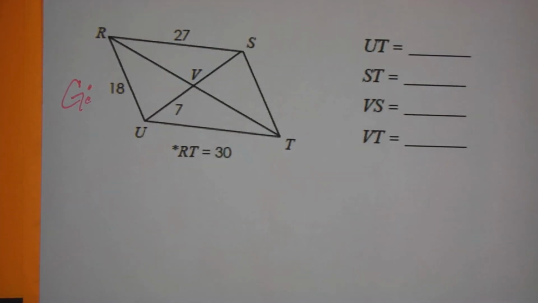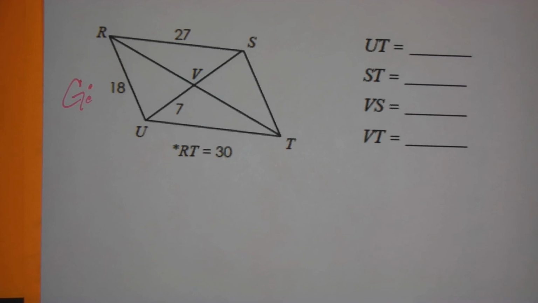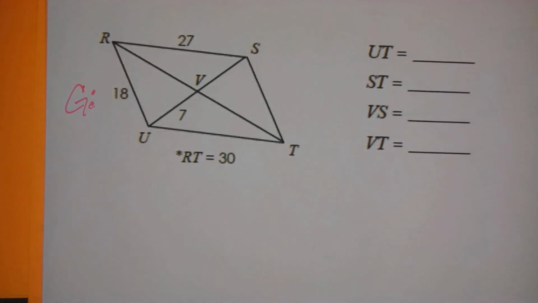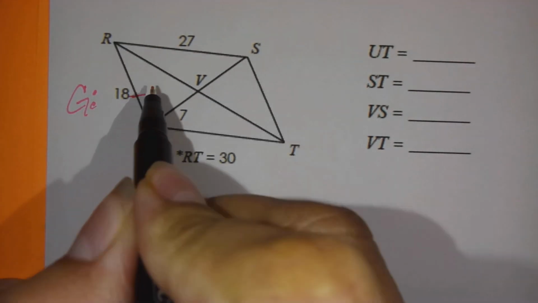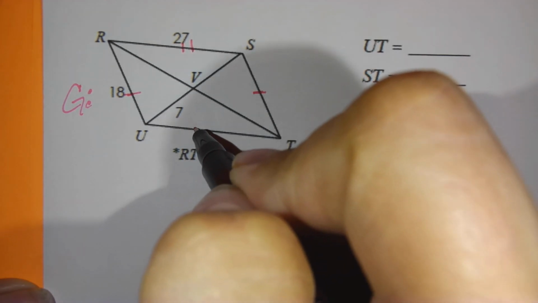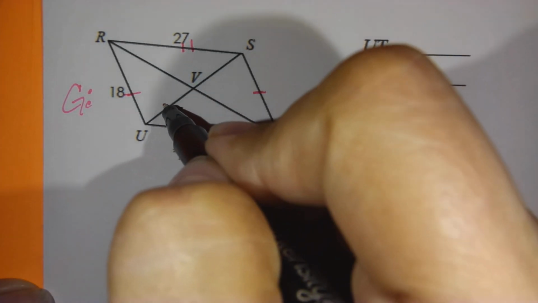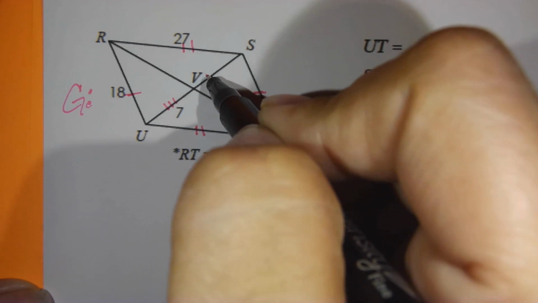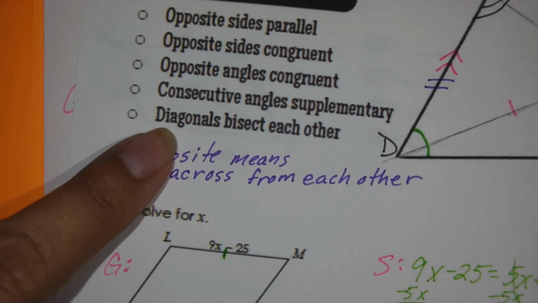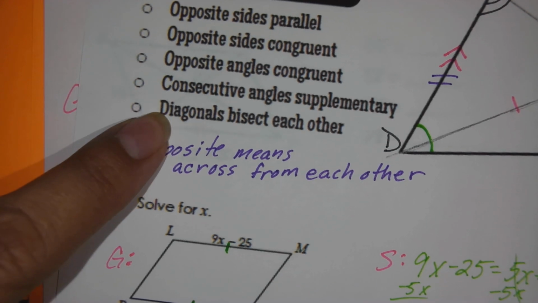So in this given, can I go label stuff? Of course I can. I should know one of the things is that opposite sides are congruent. So I know this side is congruent to this side. And then this side is congruent to this side. I also know this guy is congruent to this guy because diagonals bisect each other.